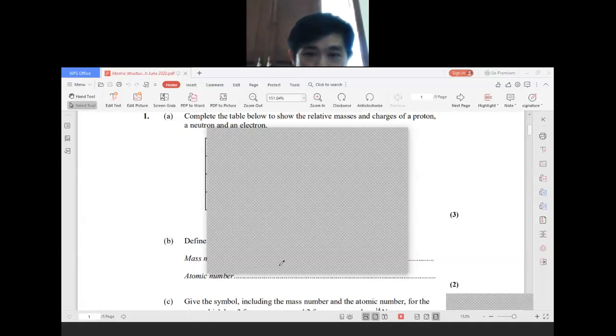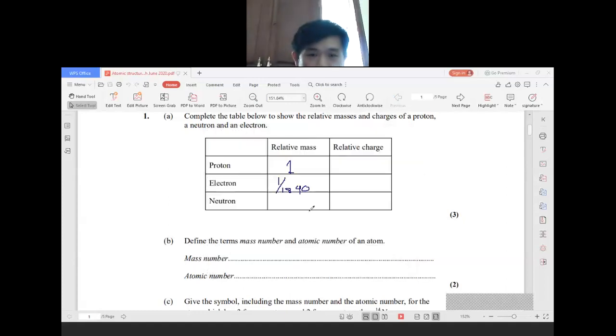Okay, and then for this one, for the neutron, the relative mass is 1. Relative mass of neutron is 1. And then the relative charge of proton, the proton is positive, relative charge, this one is positive 1.